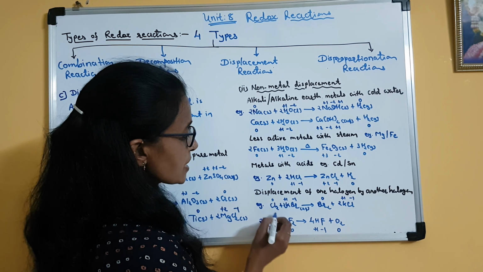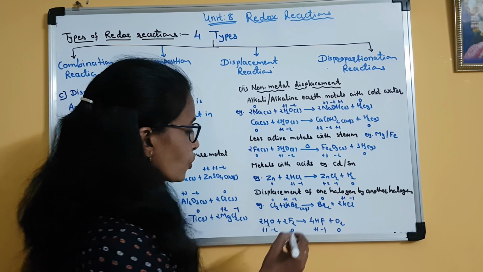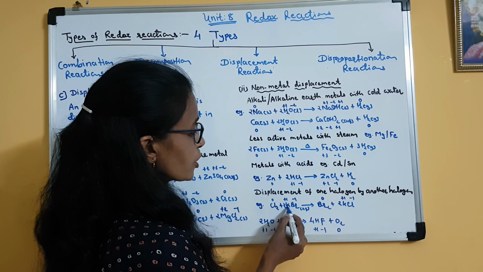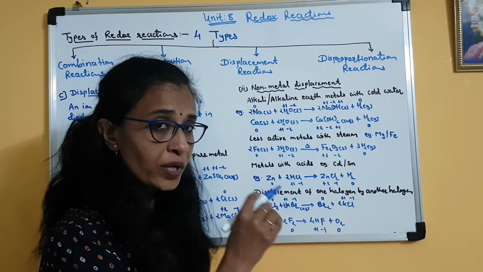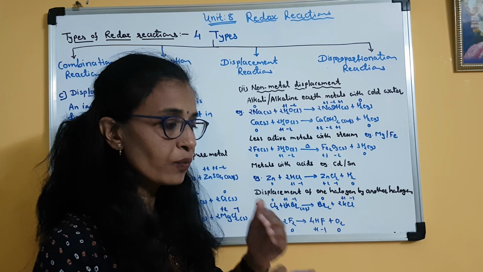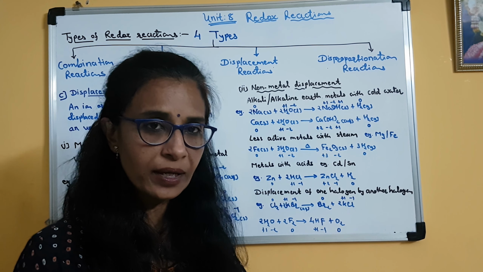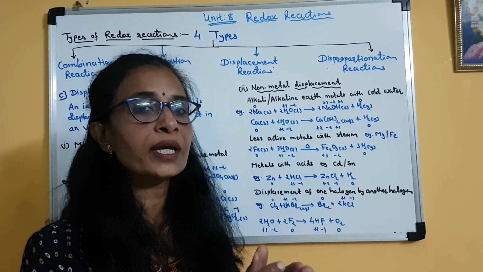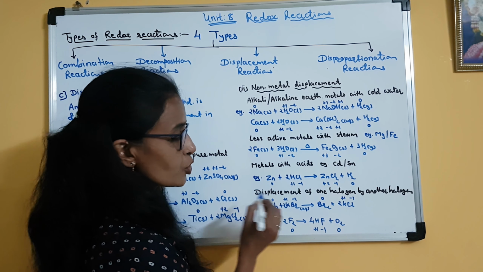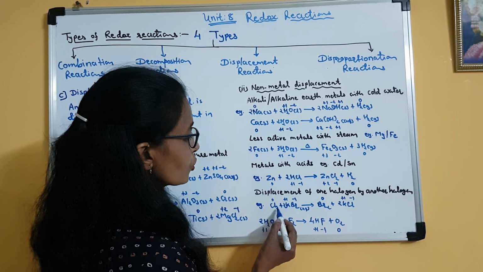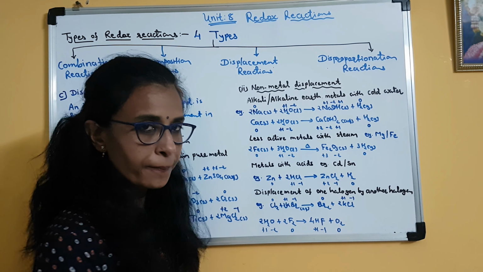So, example: Cl2, dichlorine, when it is reacted with 2 KBr aqueous, potassium bromide, whose aqueous solution is taken. Whenever one halogen is to be displaced by another halogen, we have to take an aqueous solution. So here an aqueous solution of KBr is taken. So this chlorine will displace bromine.